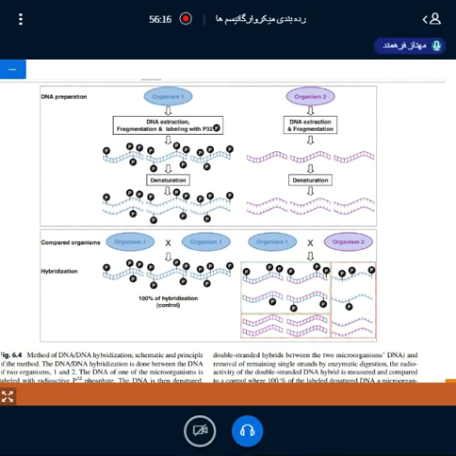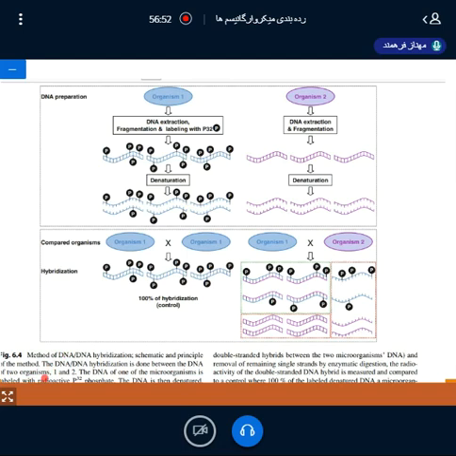This is the picture of DNA hybridization, and I'm going to tell you one more time. As you see in this picture, number 6.4, method of DNA hybridization, schematic and principle of the method. The DNA hybridization is done between the DNA of two organisms.